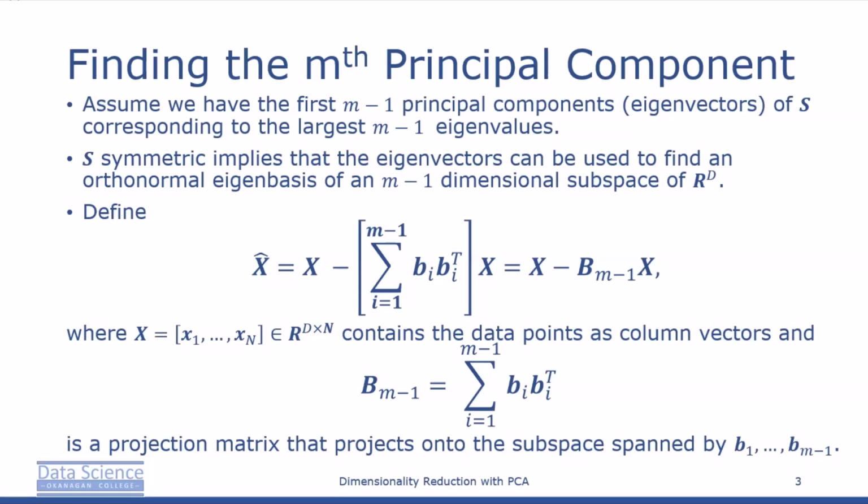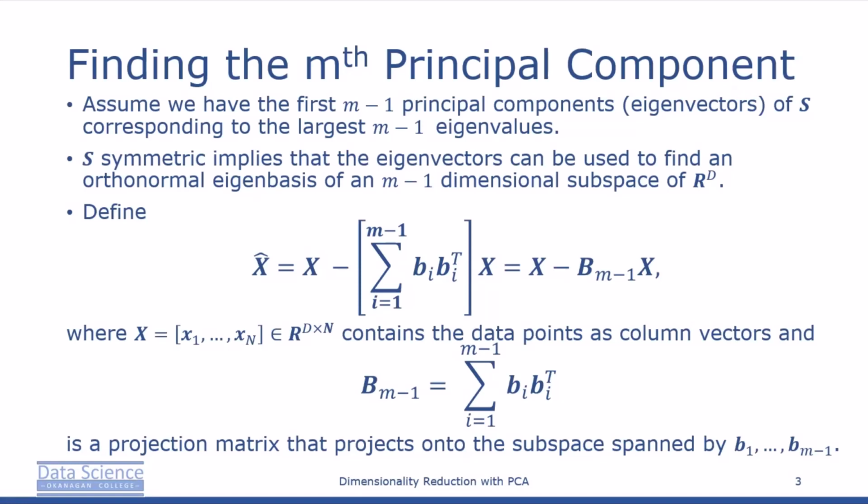We then arrive at the new data matrix X hat, which is equal to X minus the sum of the bi bi transpose times X, which is equal to X minus B_{m-1} times X, where matrix X is the vectors x1 through xn, which is in d times n dimensional space and contains the data points as column vectors.